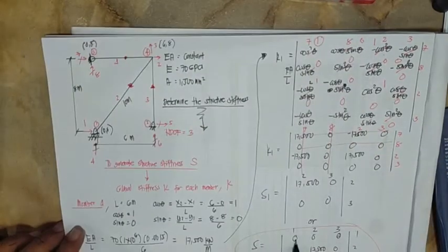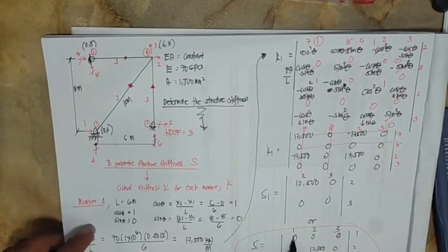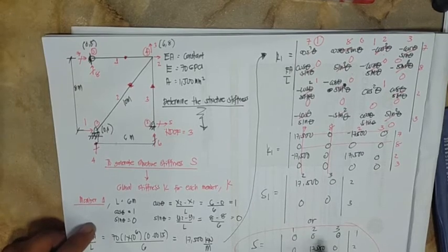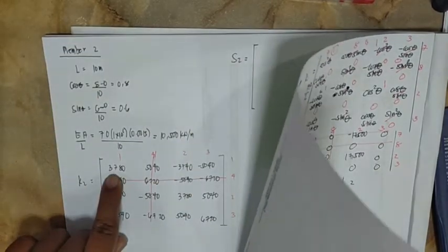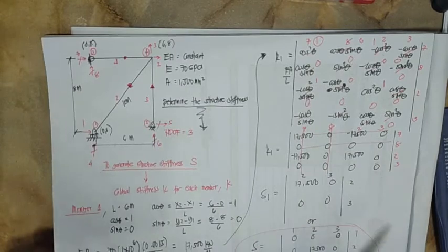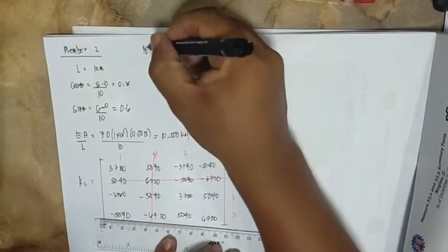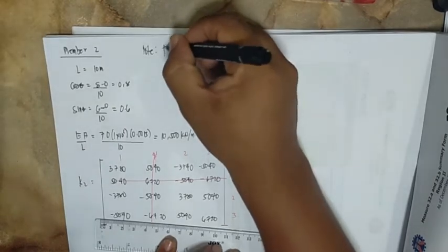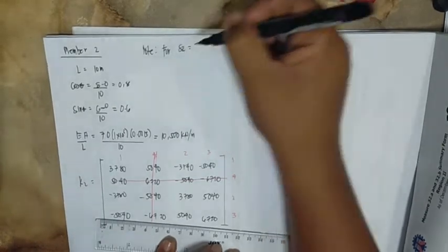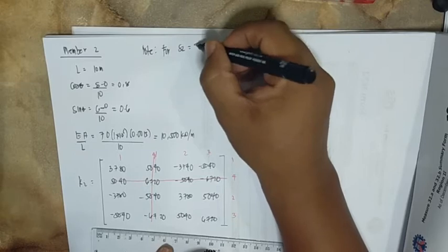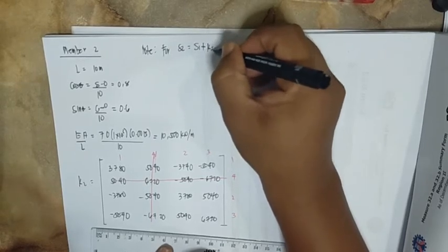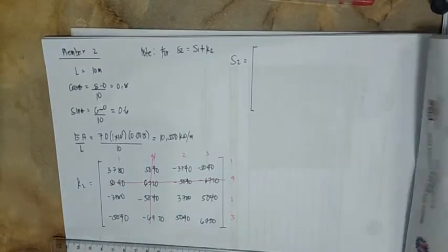So here, at 1, 1, 1, 1, so it's like that. We will add. Okay? So here, note, for S2 is equal to S1 plus K2. This one.